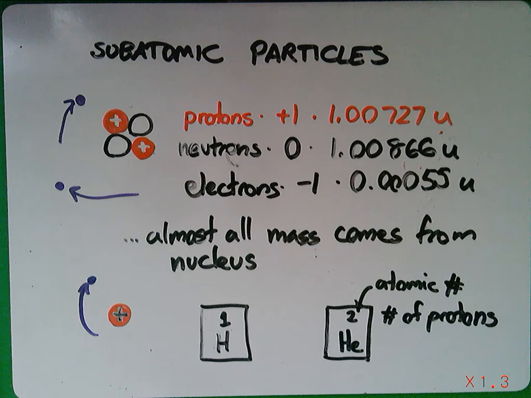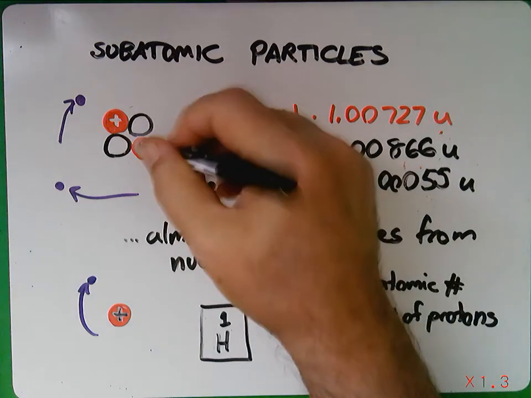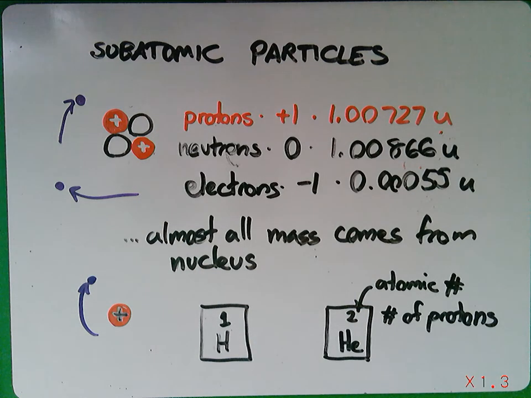Now what about the number of neutrons? That can vary from atom to atom. The number of protons and neutrons together is something called the mass number.